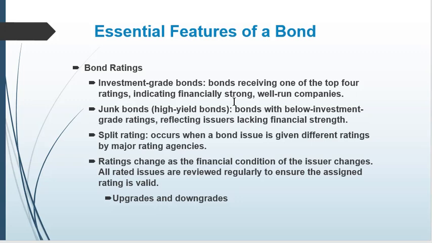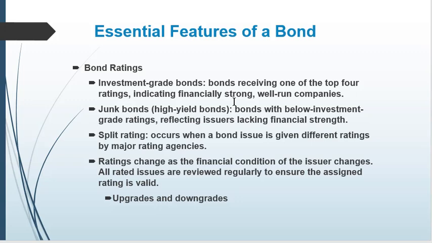Junk bonds reflect a group of debt that is less than investment grade quality, and these issuers may be lacking financial strength. They may actually just have a lot of debt, right? Because debt is one of the things we look at. So a perfectly good, strong company can still have a junk bond if they have a substantial amount of debt.